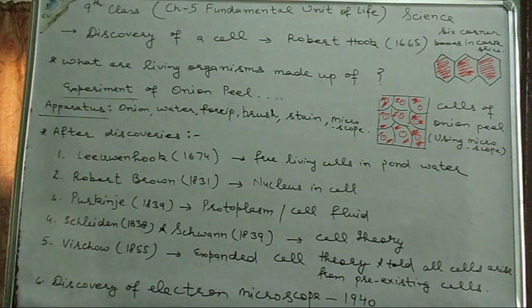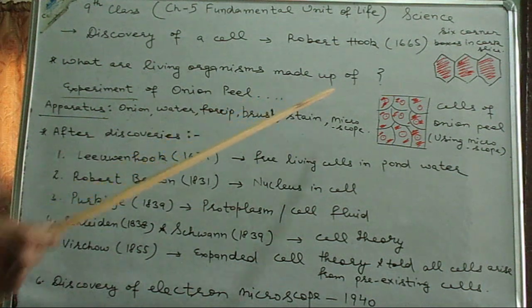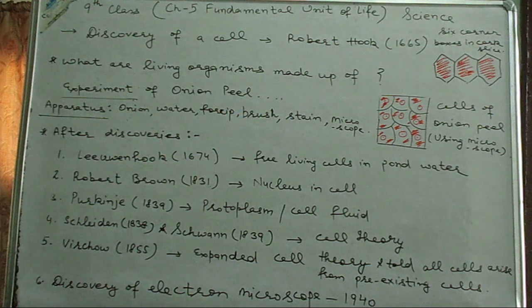Now regarding this cell, we have an activity, and from that activity we will reach the conclusion of what living organisms are made up of. We are taking an onion and doing the onion peel experiment.